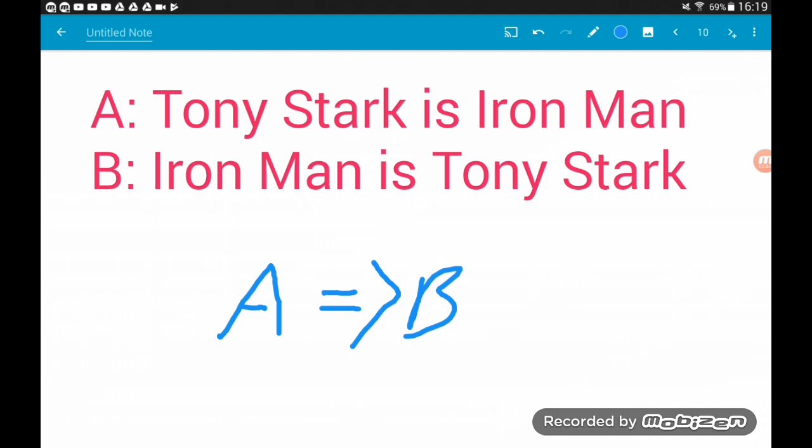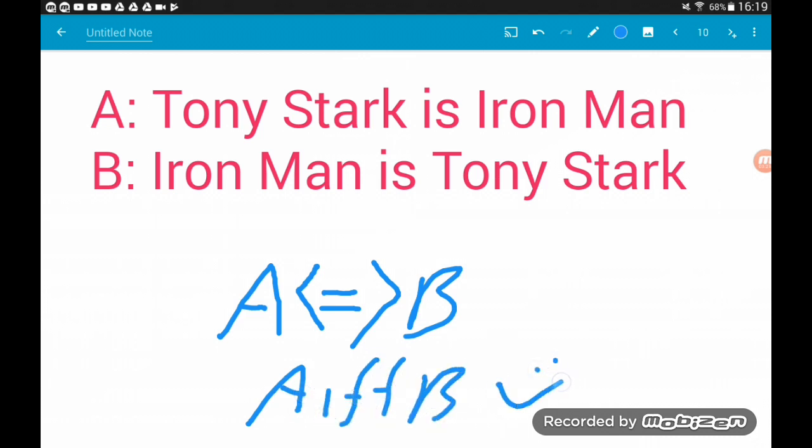Yes. So we've got an equivalence here where A and B are equal statements. They are identical. Statement A tells us Tony Stark is Iron Man. Statement B tells us Iron Man is Tony Stark. Those two statements are telling us exactly the same thing. They are equal. They are equivalent. We could even say statement A, if and only if statement B.